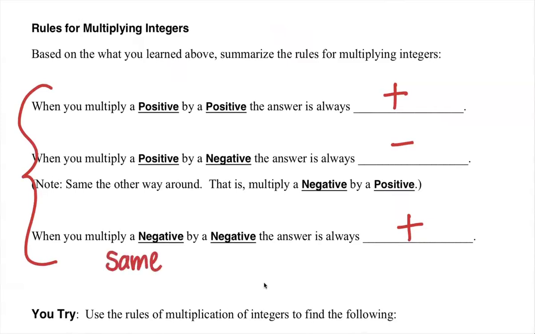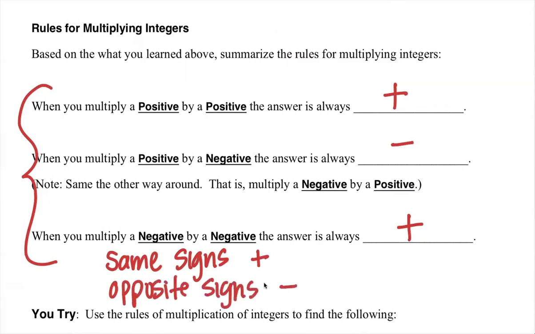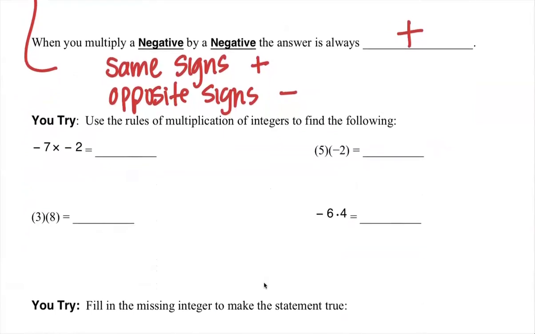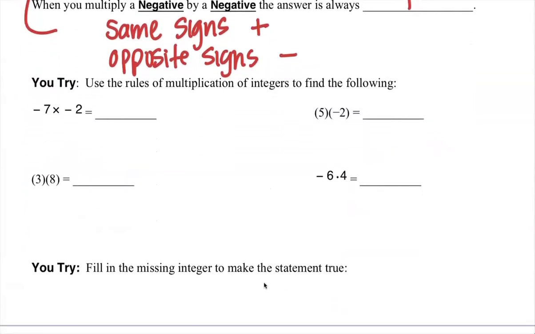If we're multiplying two numbers and we have the same signs, the answer is positive. If we have opposite signs, the answer is negative. So let's use those rules and think about the following. -7 times -2. It would be helpful if you pause the video and try these on your own and then come back and we'll check together.